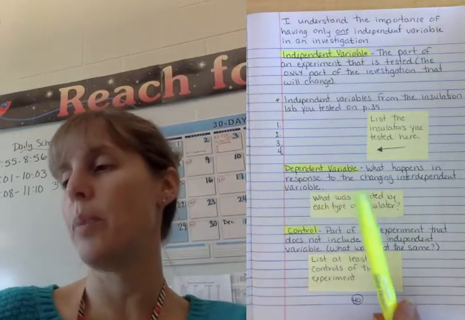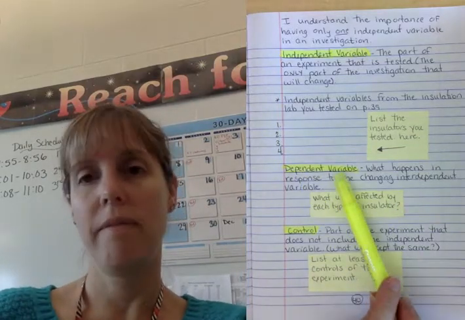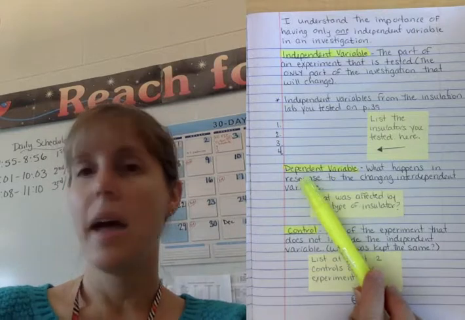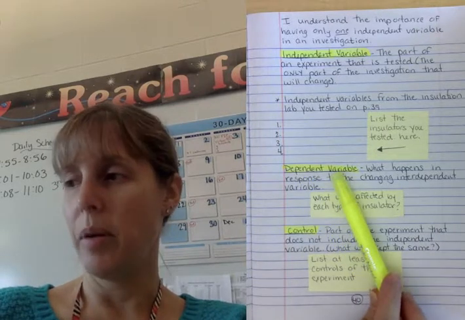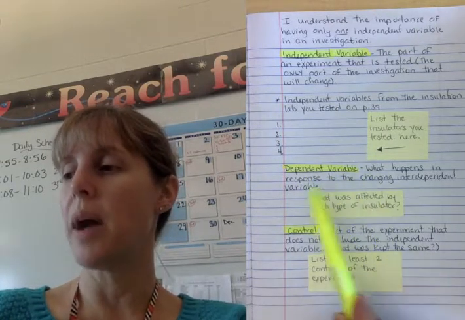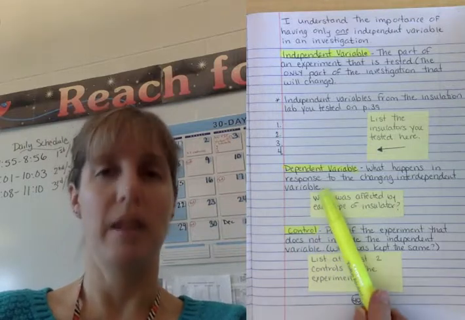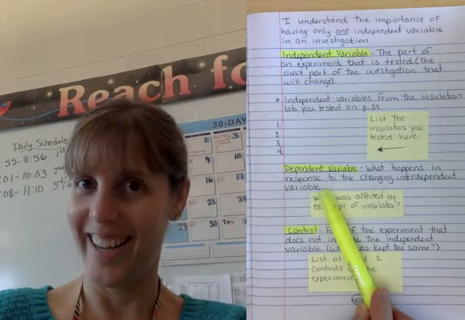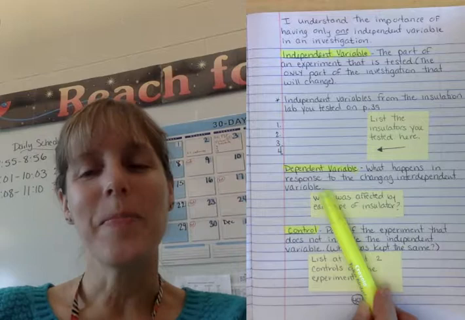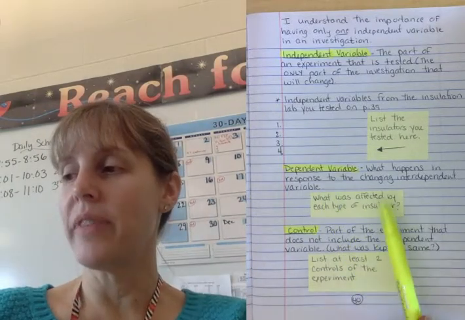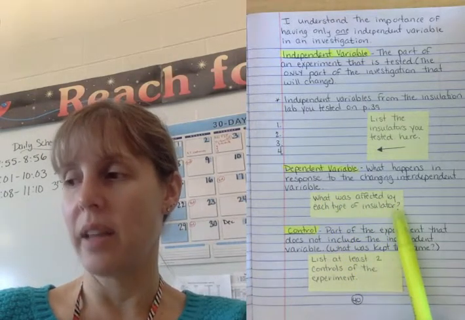The next important term here is dependent variable. Say it with me. Dependent variable. It's what happens in response to the changing independent variable. This is getting tricky. So, what happens is what was affected by each type of insulator.